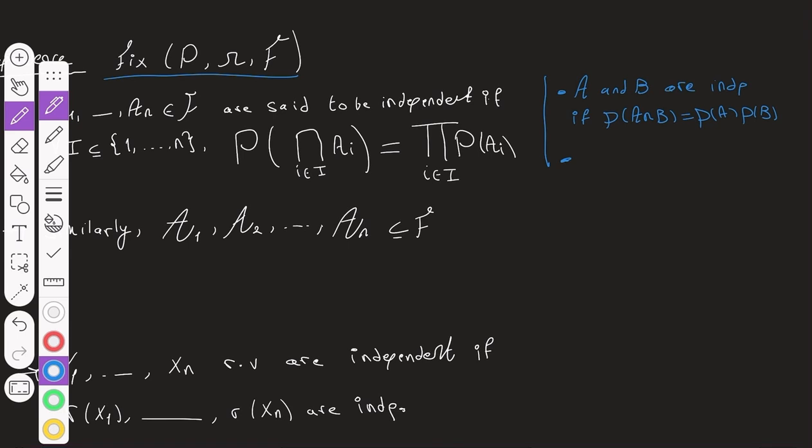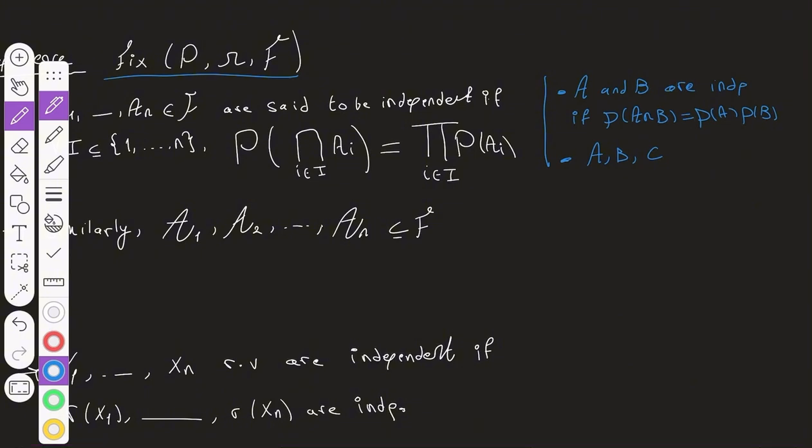But you might have also seen the notion of pairwise independence, because if we're talking about more than two sets, for example three sets, what does it mean for these three sets to be independent?